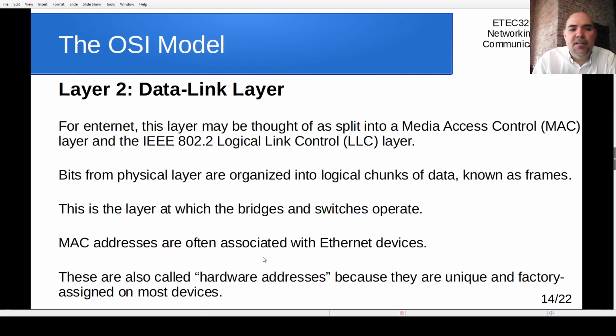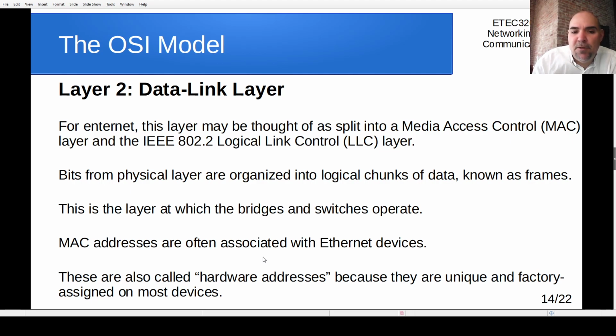But in that data link layer, the idea there is that for Ethernet, it can be split into the MAC layer, the media access control, and then the logical link layer, which is the layer that's actually creating the packets. So the media access control is the low level where we're adding the physical addressing and putting it out there.